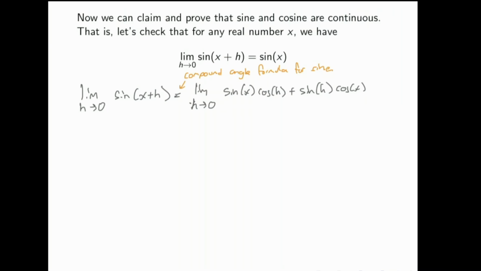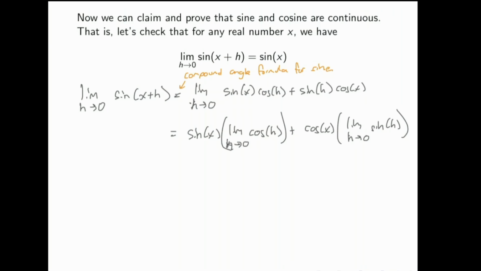And because x is fixed, sine of x is a constant, and cosine of x is a constant. So I can use my limit properties to say that this should be sine of x times the limit as h goes to 0 of cosine of h plus cosine of x times the limit as h goes to 0 of sine of h.